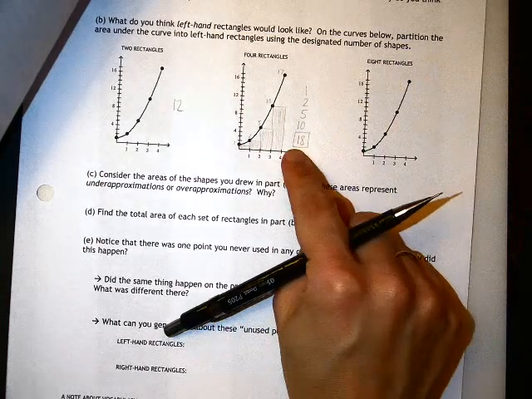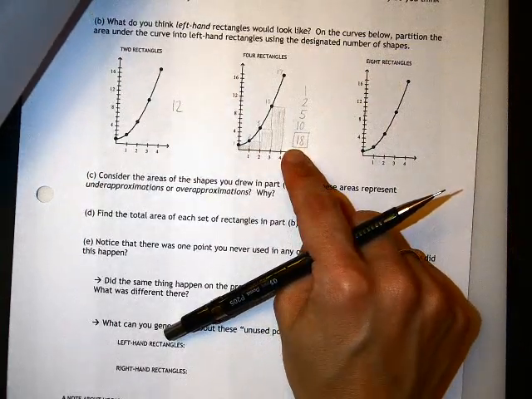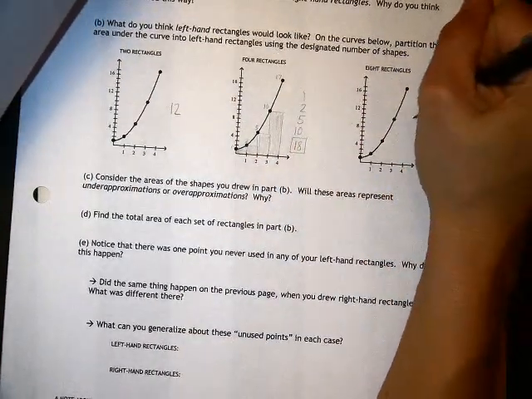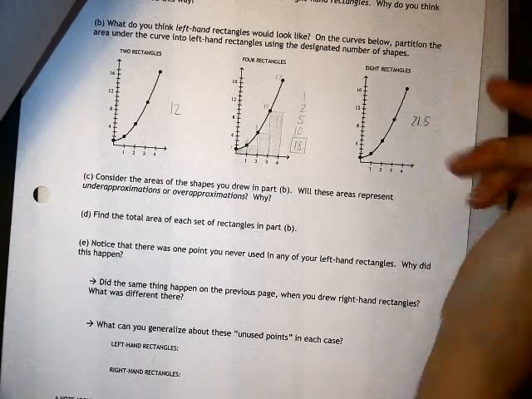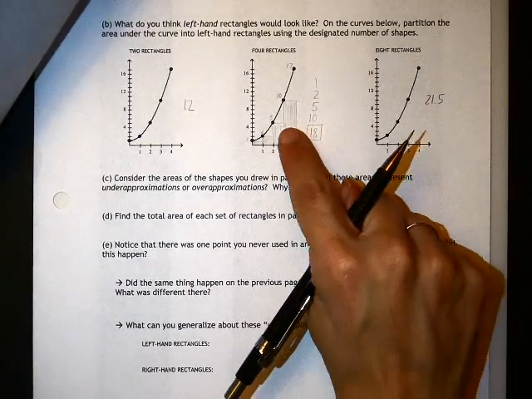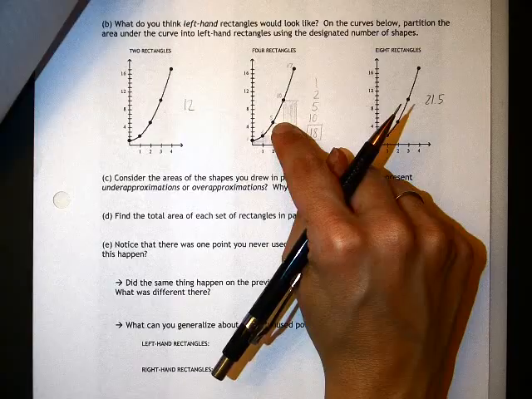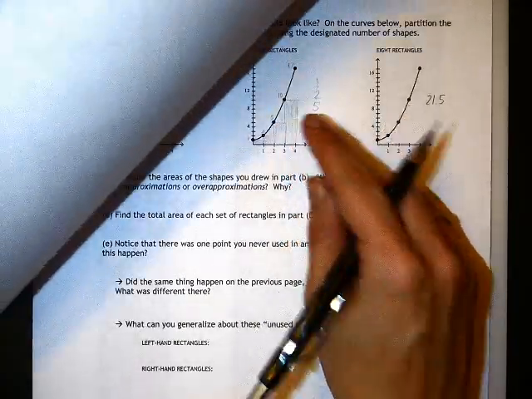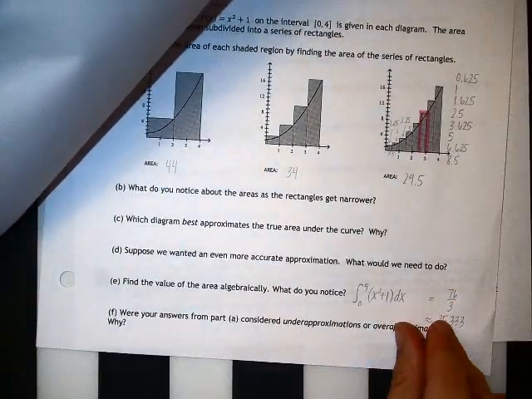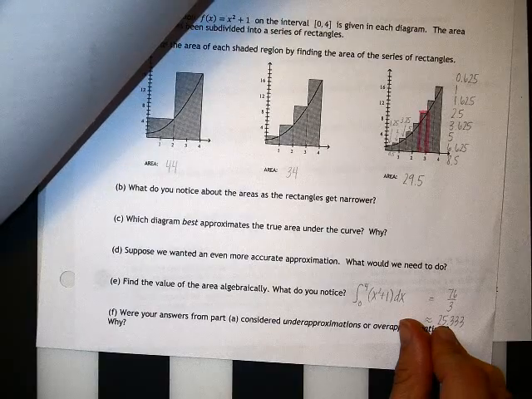The second one that we already did was 18. And the third one was 21.5. All under approximations, because you can tell each picture had that missing space, and all less than the actual area of 25.333.